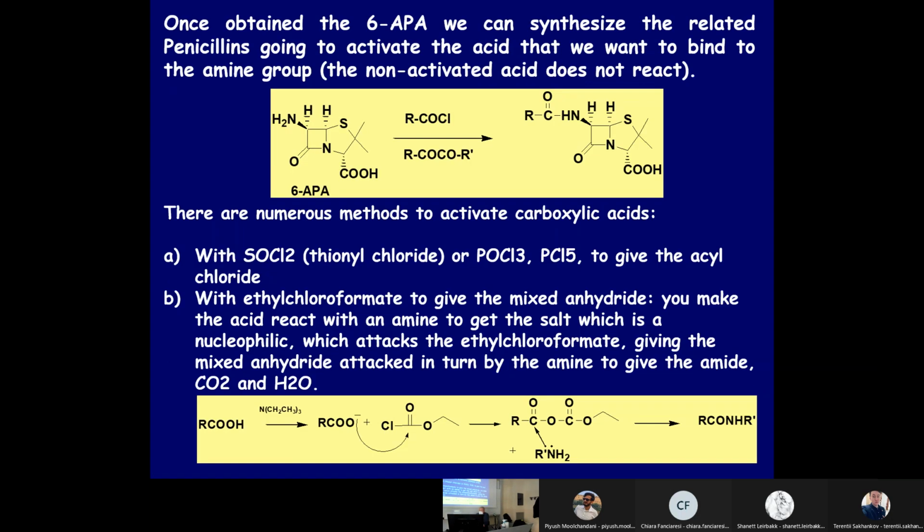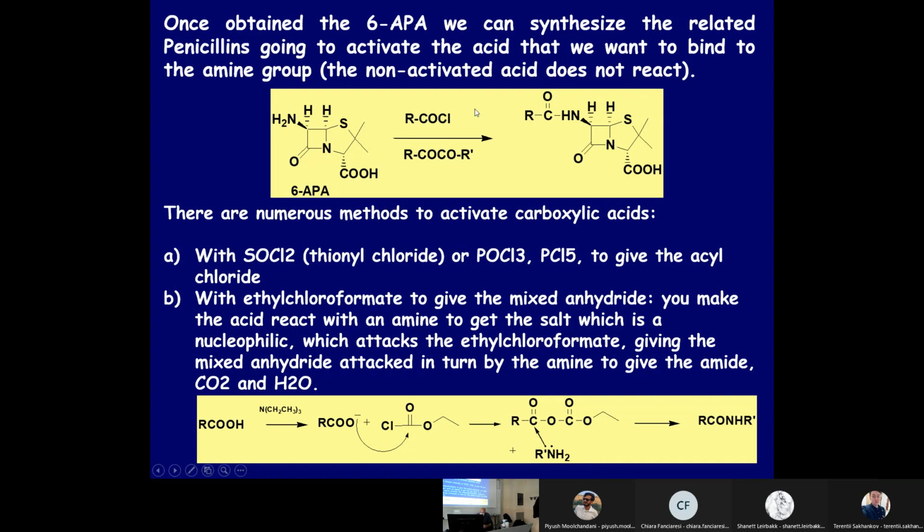And here I want to show you how to have new penicillins. You see the basic nucleus, 6-aminopenicillanic acid.